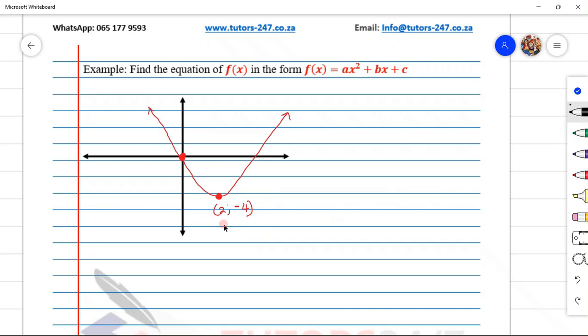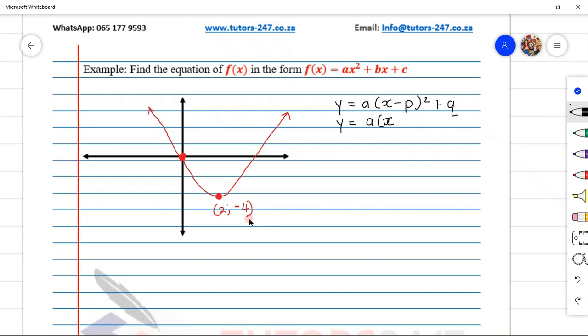So because we are given the turning point and a random coordinate, which is our origin, we can now use our turning point form.